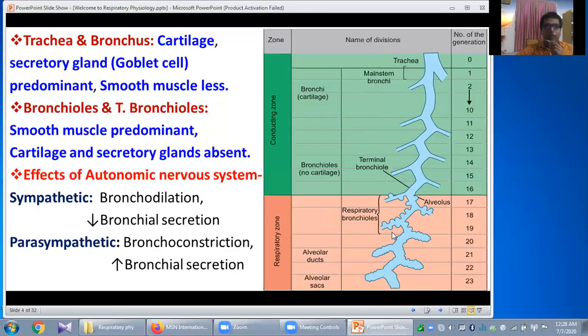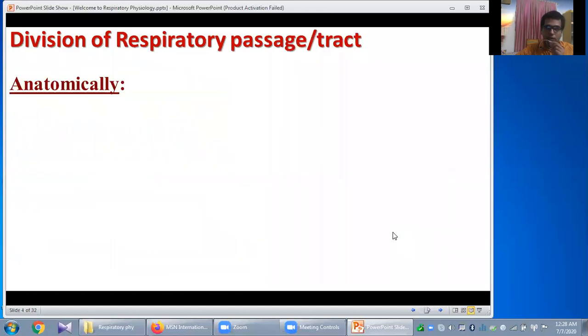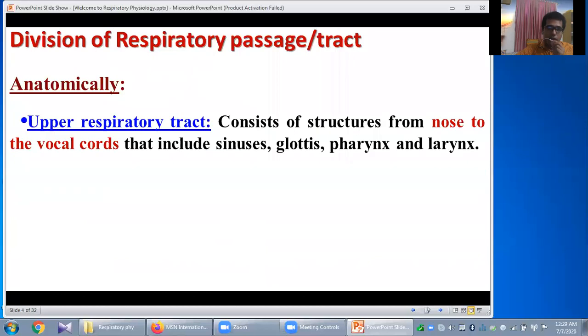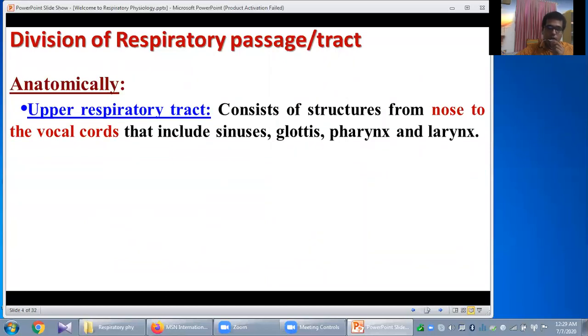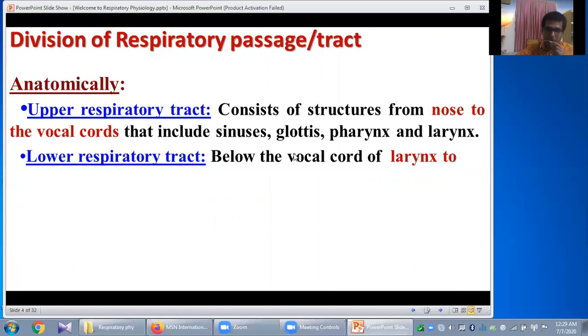Okay. Now, there is another subdivision of the respiratory passages, on the basis of anatomical point of view, that is upper respiratory tract and lower respiratory tract. The upper respiratory tract actually consists of structures from the nose to the vocal cord that include sinuses, glottis, pharynx, and larynx.